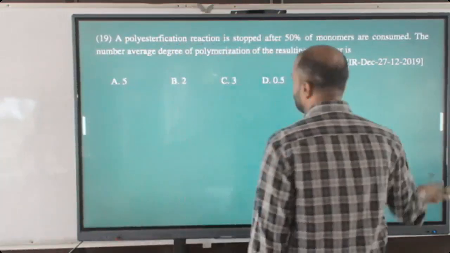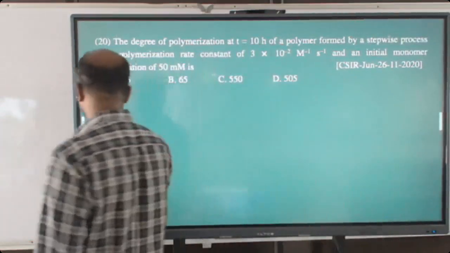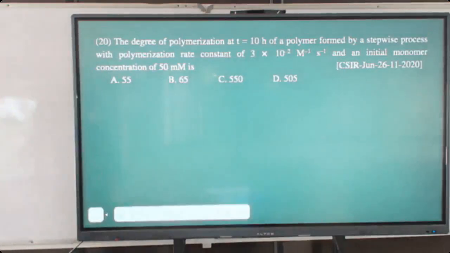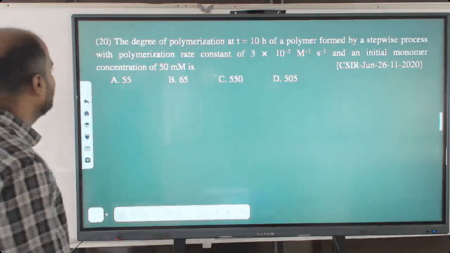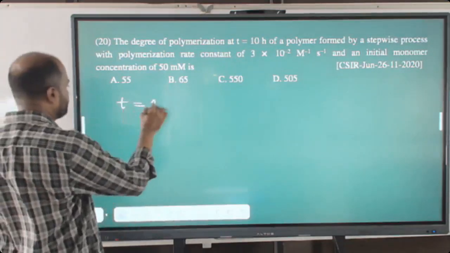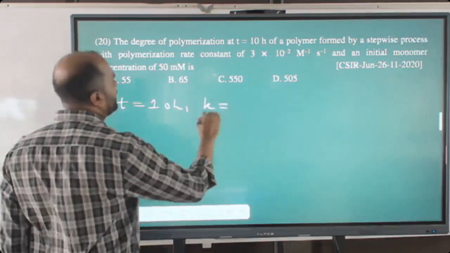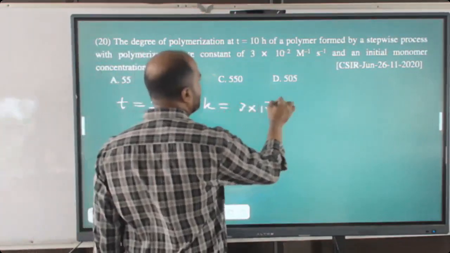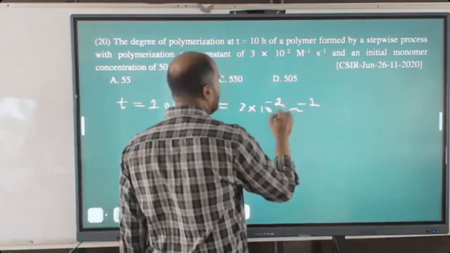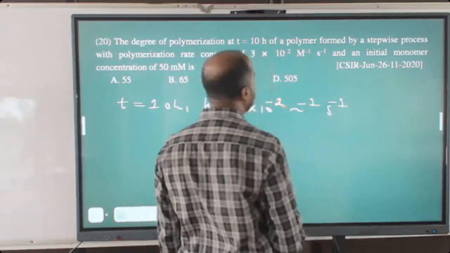Next, 20. The degree of polymerization at t equal to 10 hours of a polymer formed by stepwise polymerization. The rate constant k is equal to 3 into 10 raised to minus 2 molar inverse second inverse.